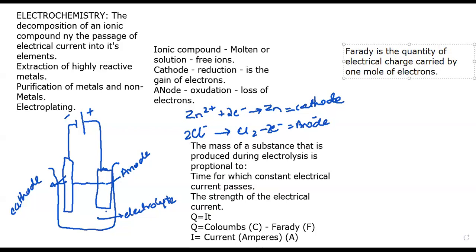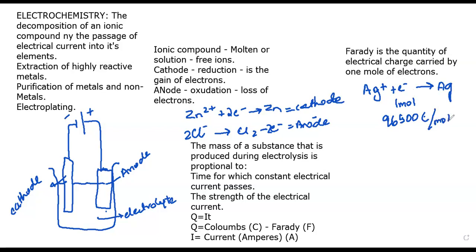So, for example, if I have silver that is being deposited at the cathode, it will undergo reduction and turn into silver metal. Over here, I have 1 mole of electrons. The charge carried by 1 mole of electrons is known as Faraday, and it has a fixed value of 96,500 coulombs per mole.